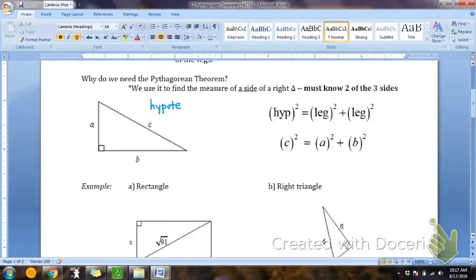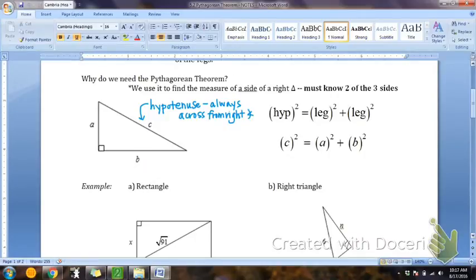And I'm spelling it for you so you can make sure you spell it correctly on your paper. The hypotenuse is always this letter C. It's always across from the right angle. Always.